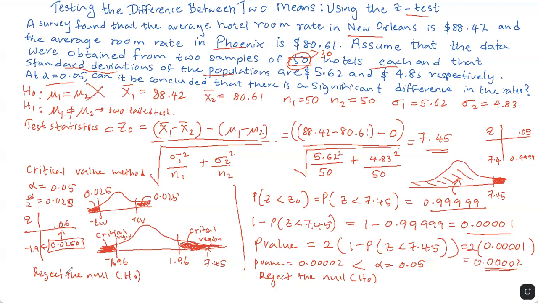And then you can write down the conclusion. There is enough evidence to support the claim. The claim is under the alternative hypothesis.